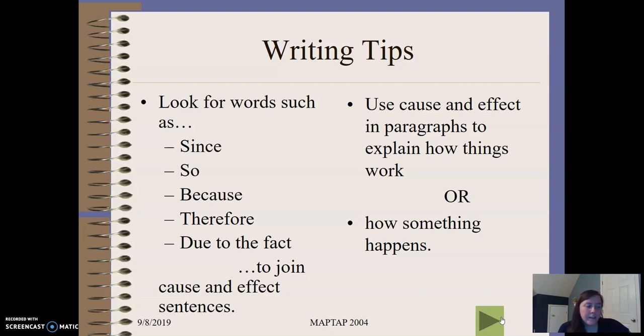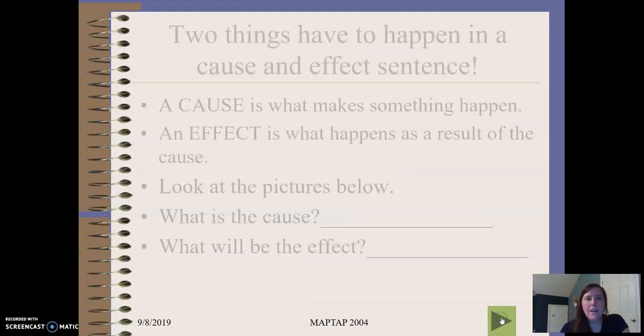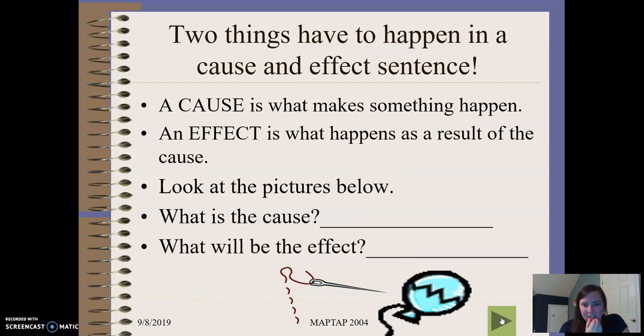So again, this could be a process analysis in that, well, this person did something and then this happened and then this happened. You're working through a process, but it might actually be that you're really working through cause and effect. So one thing leads to another, and that's how we get more of a cause and effect essay as opposed to process analysis. We can look at some examples here.